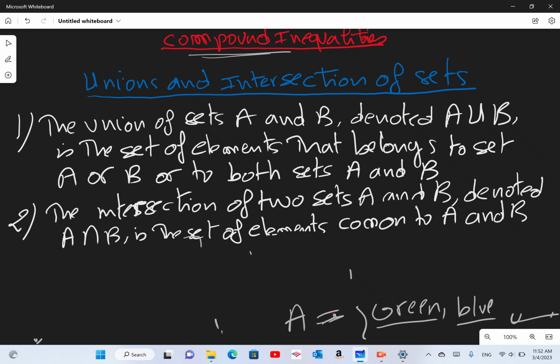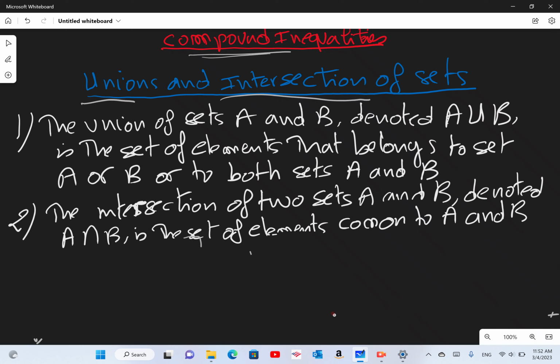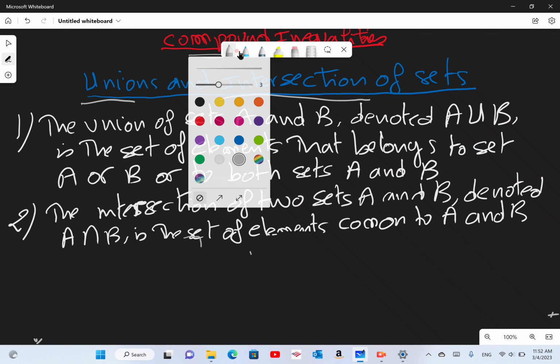The goal here is to understand what the union and the intersection of sets are. Here I have a couple of definitions for you.